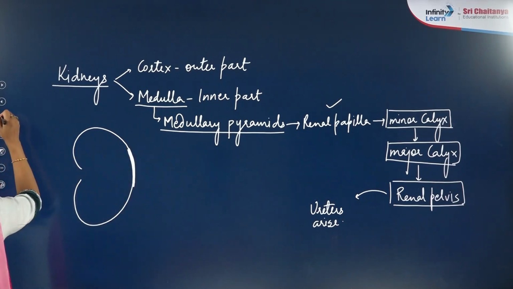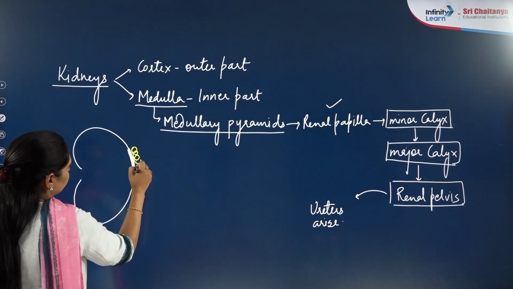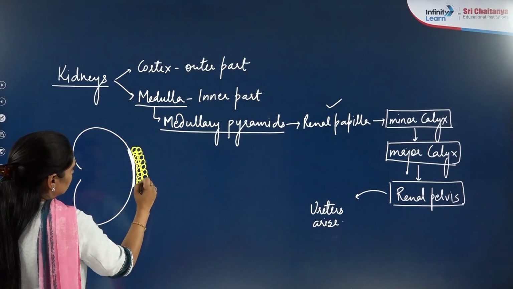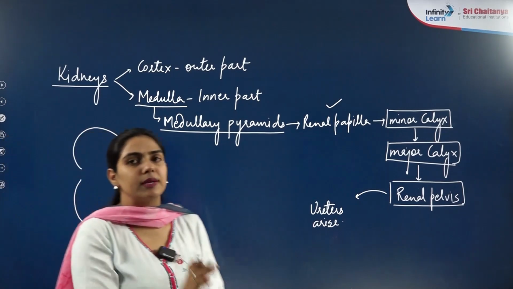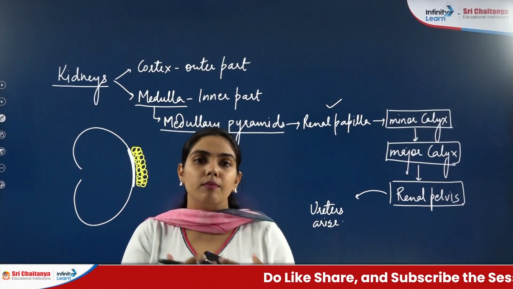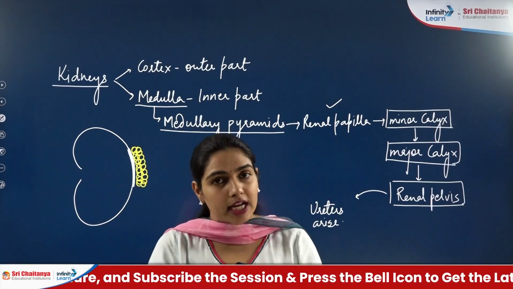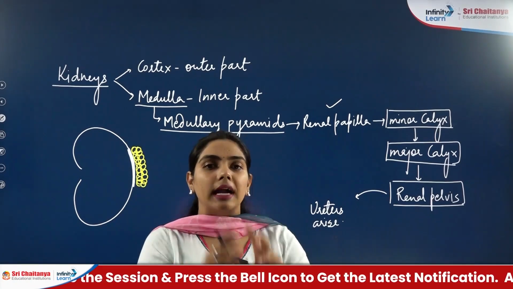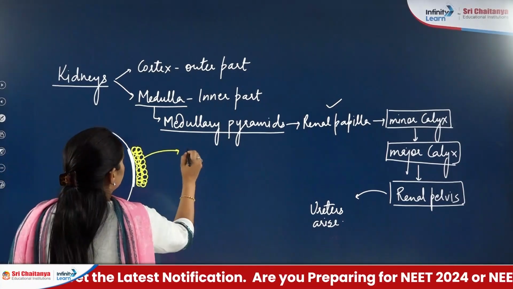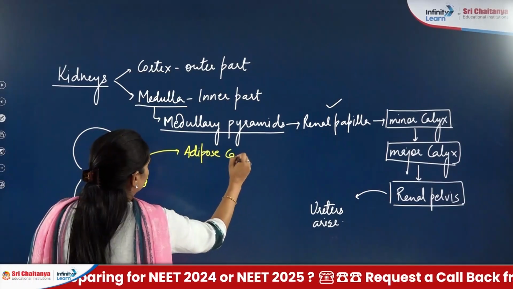Outside this renal capsule, there is a layer in which fat is present. Adipose tissue. Why is this fat layer present? Because it is giving protection to the kidneys. Kidneys are very important, vital organs of our body, so they need protection, and for that fat is present. Fat is forming a layer which is called the adipose capsule.